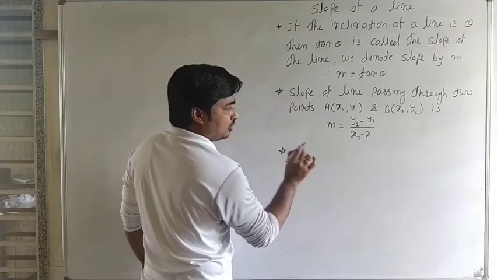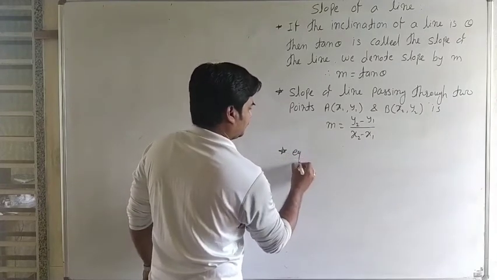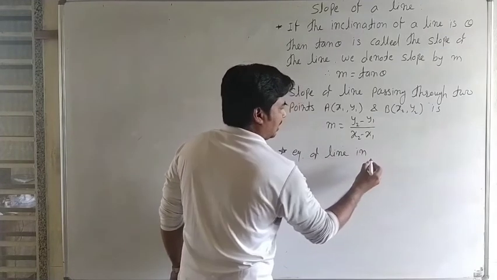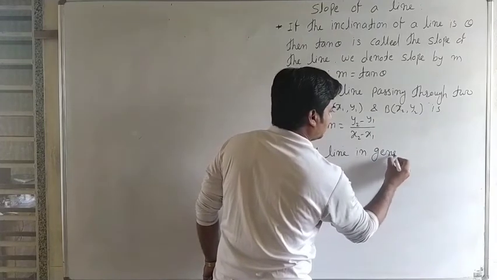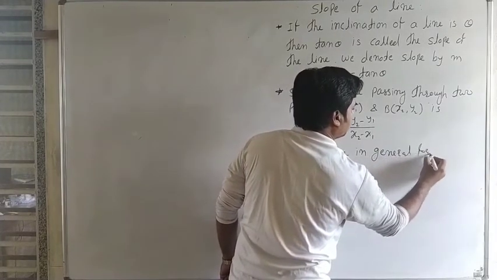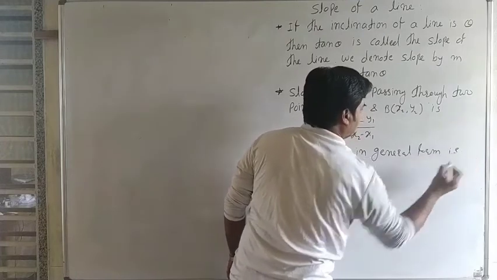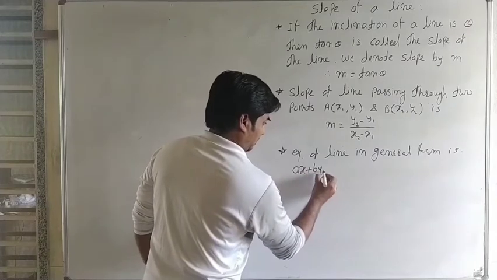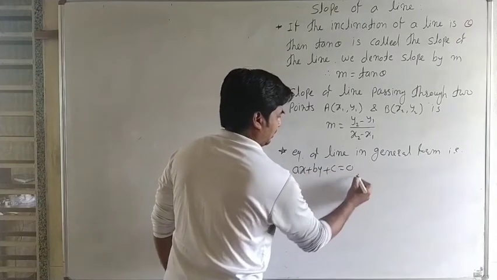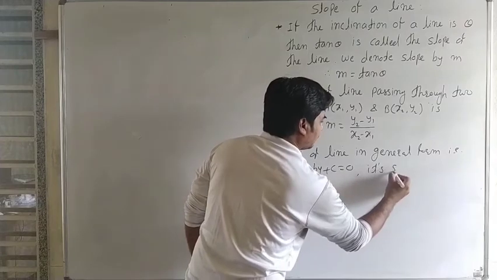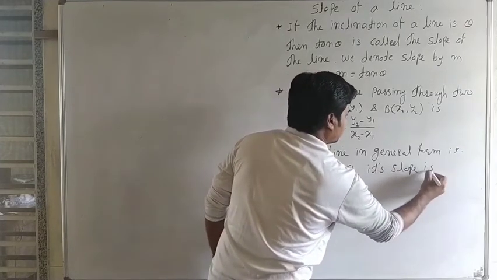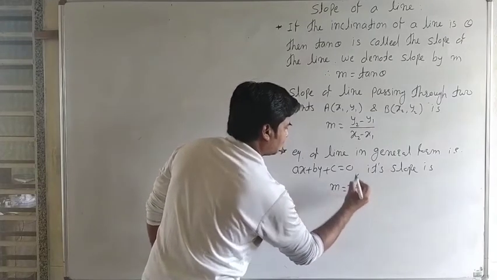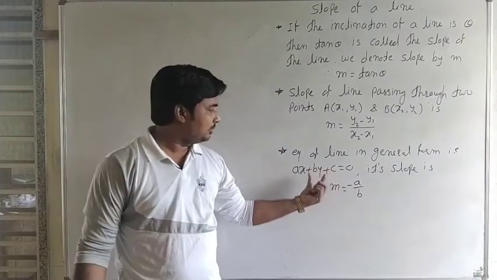If the equation of line in a general form, equation of line in general form, that is general form of the line, it is ax plus by plus c is equal to 0. Then its slope is minus a by b. It is the slope of line minus a by b if the equation of line in a general form.